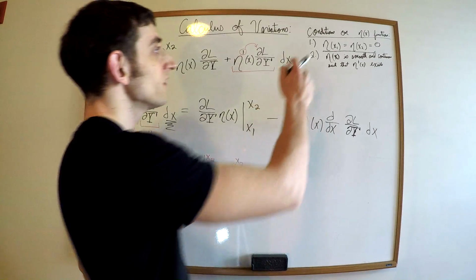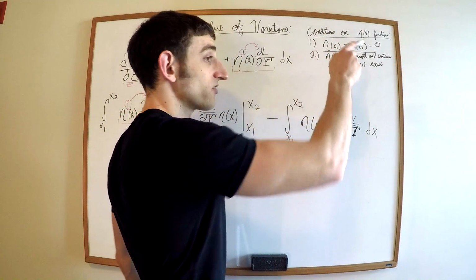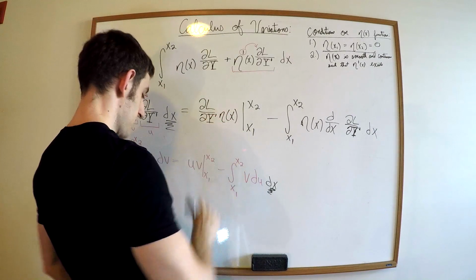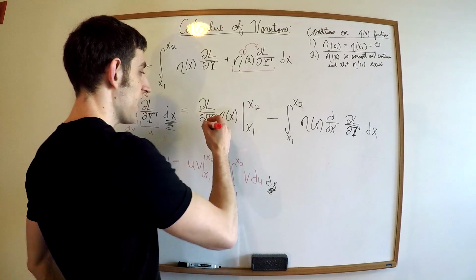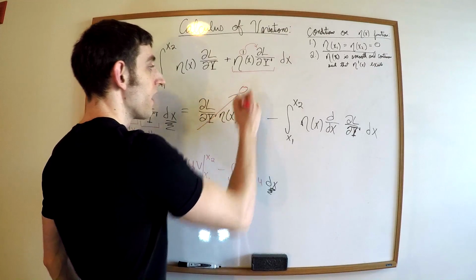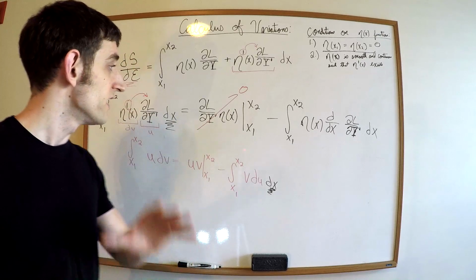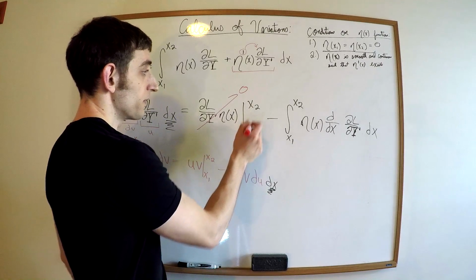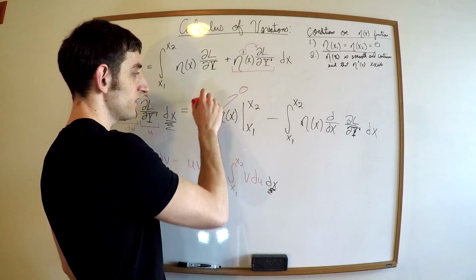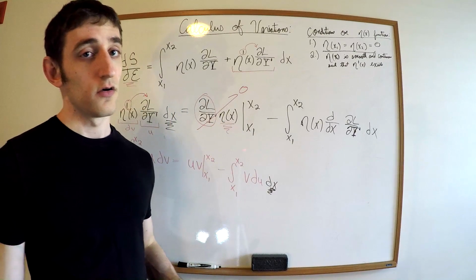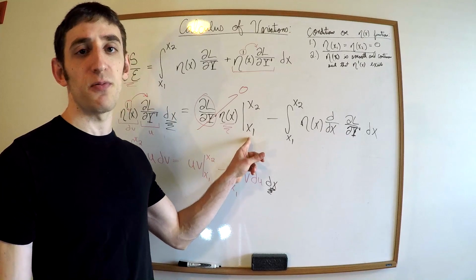Because when eta of x1 is equal to eta of x2 is equal to 0, what that does is it allows us to say, guess what? This guy here, whoosh, this is 0. It disappears. Okay, and that's very important. It disappears because when we plug in x2, it doesn't matter what this guy is. This guy is 0. And same thing happens when we plug in x1.